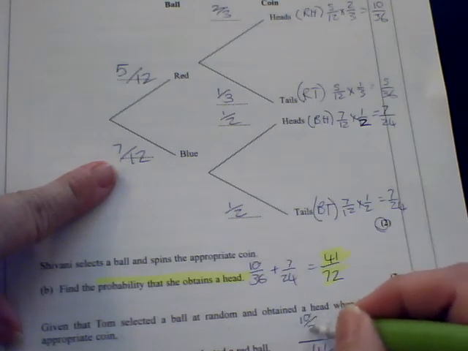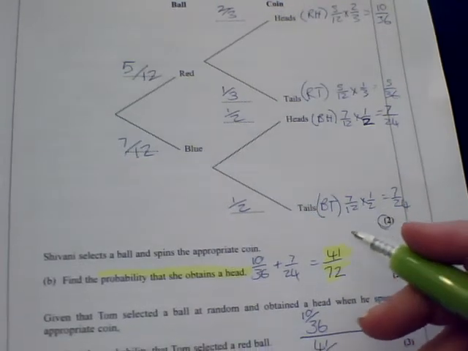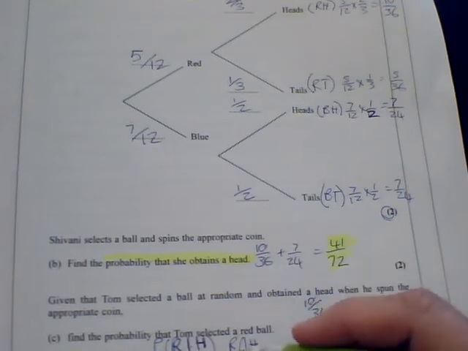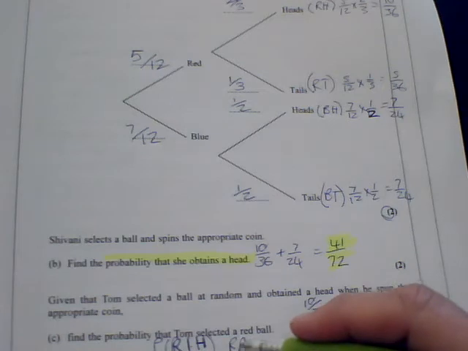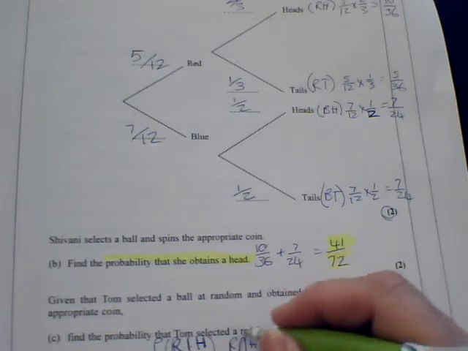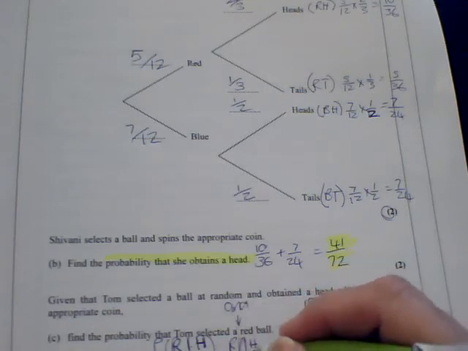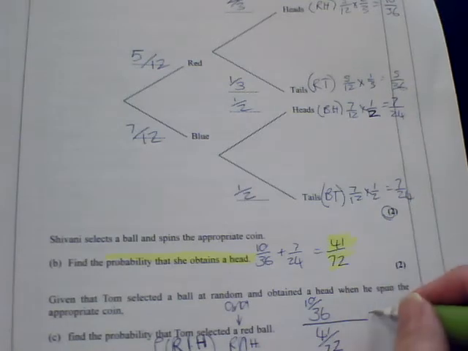We're given a head, so on the top we do red intersection head, well, red and a head. Don't forget, intersection means and. So probability of a red and a head was 10 over 36. I think that's quite clear.